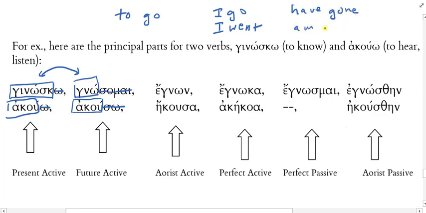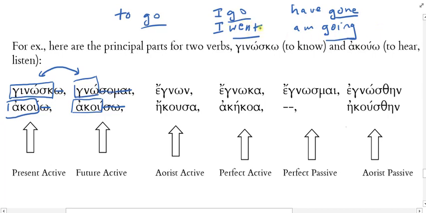And I am going. So if I wanted to identify the principal parts of the verb to go, I could go to the different tenses and see the different forms and realize, okay, those are the forms that are used to produce, in effect, all of the English verb forms that relate to going.